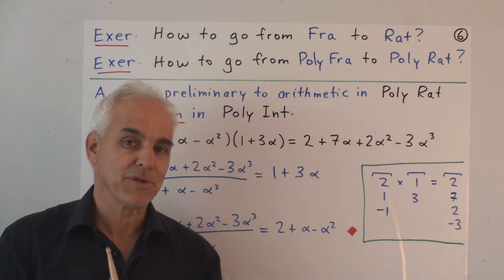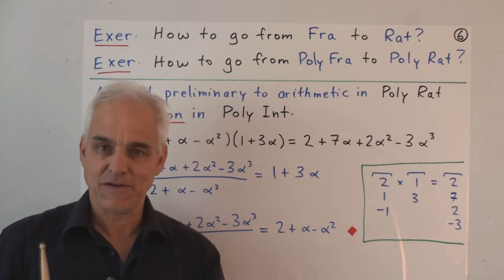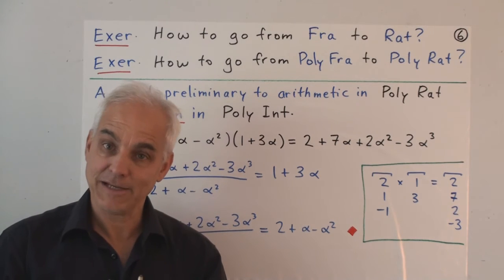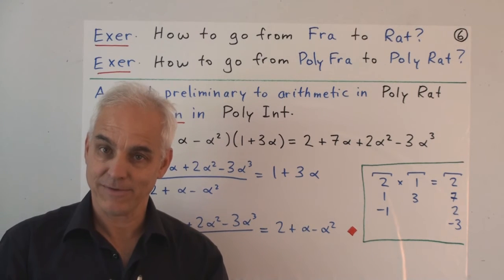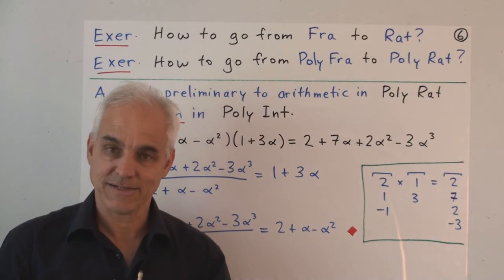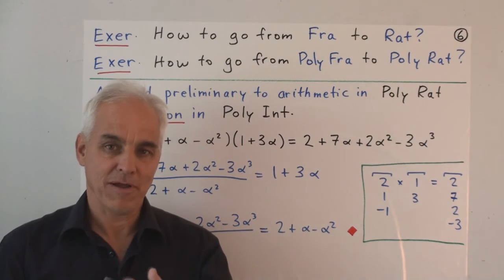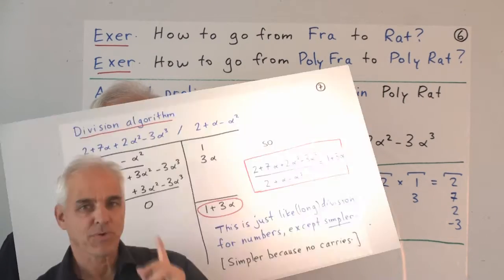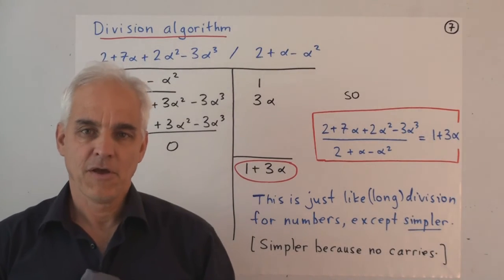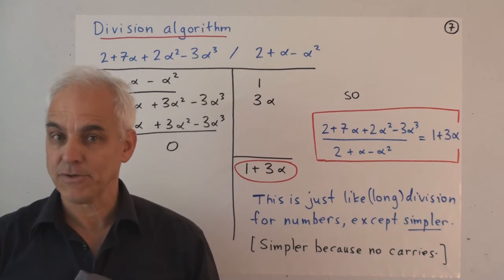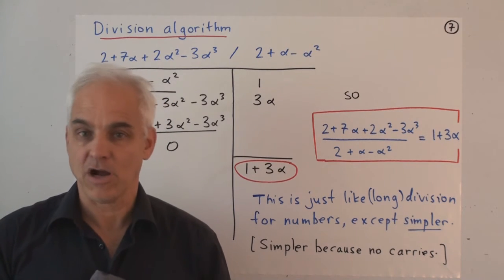It really goes back to the long division that we did for ordinary numbers. But in fact, it's a little bit simpler in a way. So let's have a look at this important algorithm of how to divide one polynomial by another. So we're going to set things up just the way we did for division of ordinary numbers. And you might like to go back to that earlier video in the series where I talk about division.